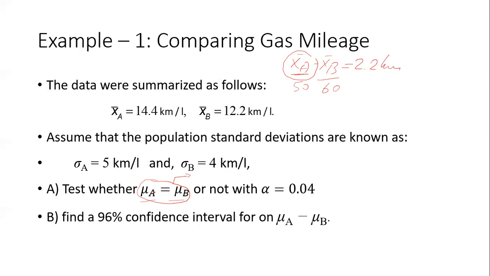We want to test whether the cars, all of the cars that are produced and will be produced using engine type A, their fuel consumption, and here the fuel consumption of all of the cars that are produced and will be produced using engine type B. I'm just trying to see whether these parameters are equal or not. These are sample averages, but these are the population averages or population means.